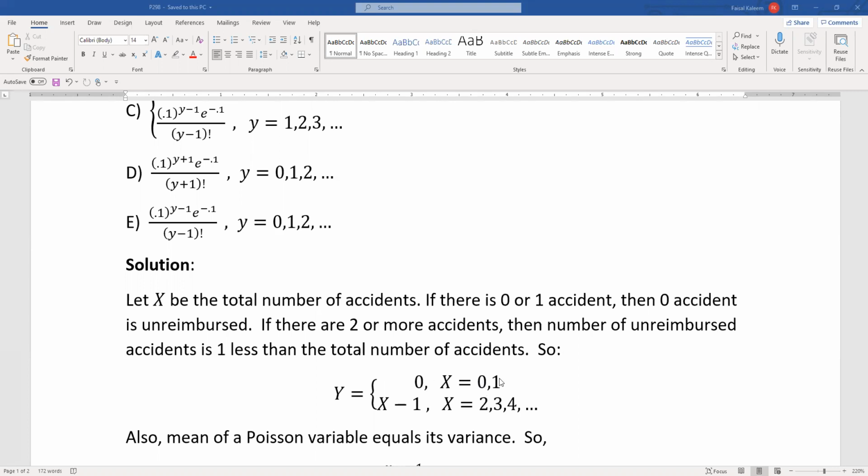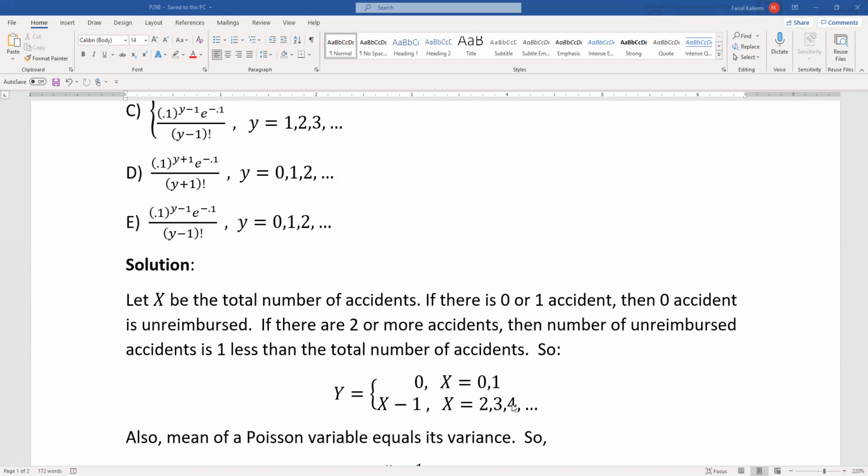But as soon as X is 2, 3, 4, and so on, for example if we have 2 accidents, one will be reimbursed and one will not, so one less than 2. If there are 3 accidents, there will be 1 reimbursed and 2 unreimbursed, so the number of unreimbursed is 1 less than 3.